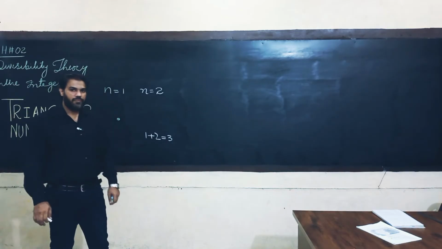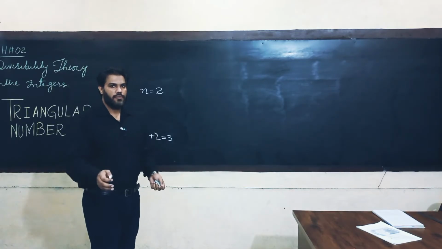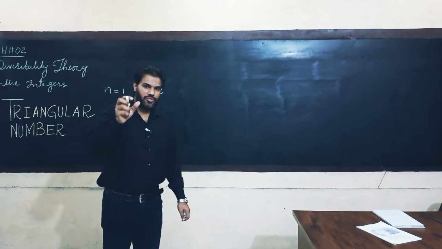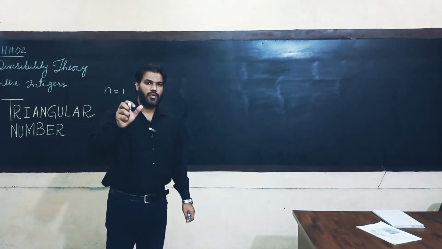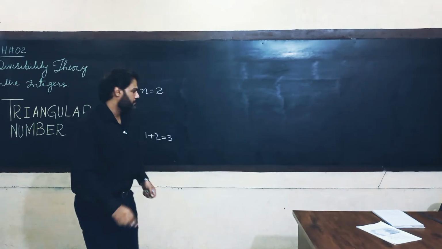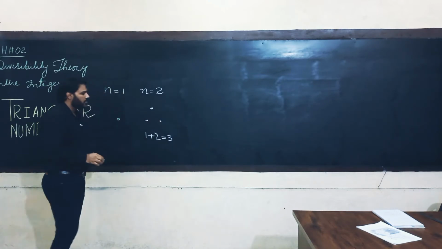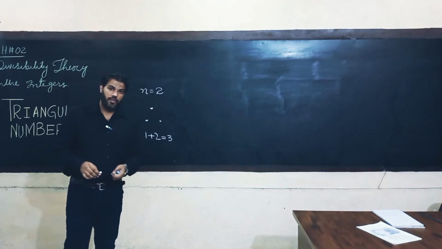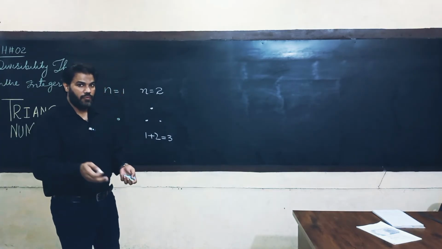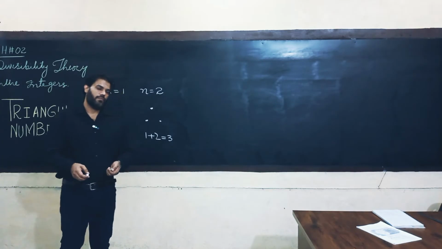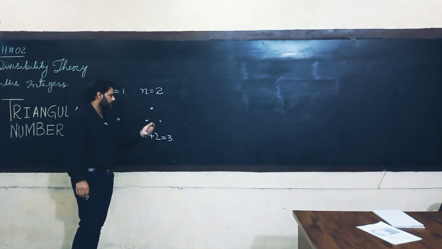In this case, we will plot or arrange three dots such that they form an equilateral triangle like this. So these three dots form an equilateral triangle. The number of dots on each side is 2.